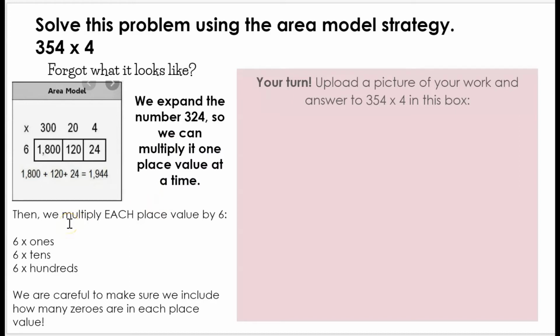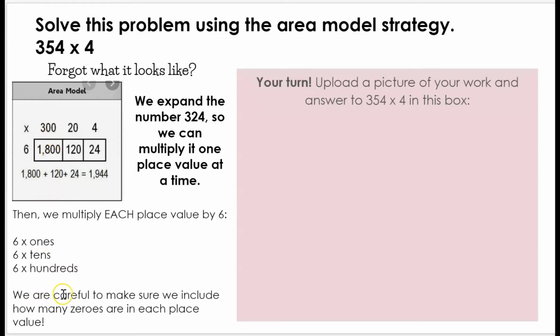Then we multiply each place value by 6. 6 times the ones, so 6 times 4 ones equals 24. 6 times the tens, 6 times 2 tens, known as 20, equals 120. And 6 times 300s. 6 times 300 equals 1,800.